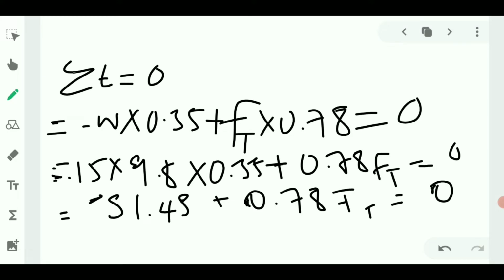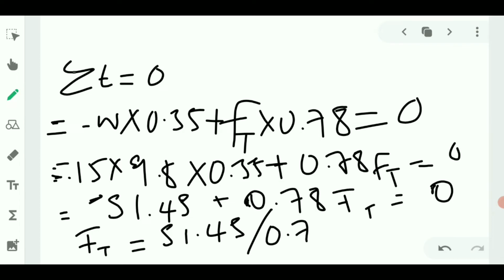Now manipulating the equation to make ft the subject of the formula, ft will be equal to 51.45. It won't be negative because the negative value would have crossed the equal sign, and that will be divided by 0.78.